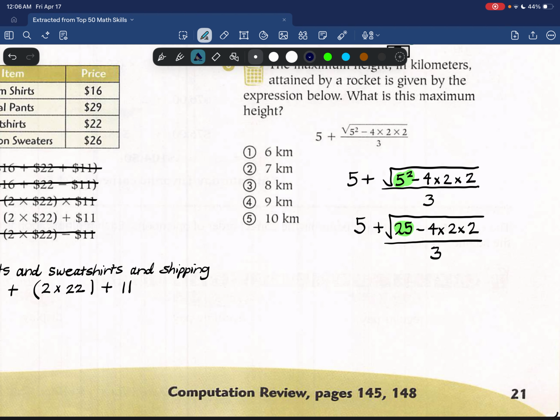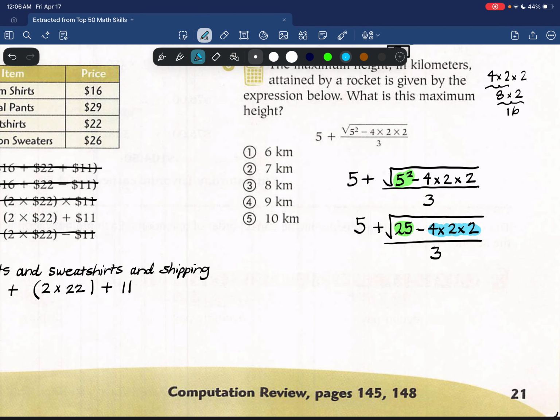Now I'm going to do multiplication or division. I have to get that before I can take the square root. So I'm going to do 4 times 2 times 2. And I'm going to come over to the side here and do that. 4 times 2 times 2. That is 8 times 2 is 16.